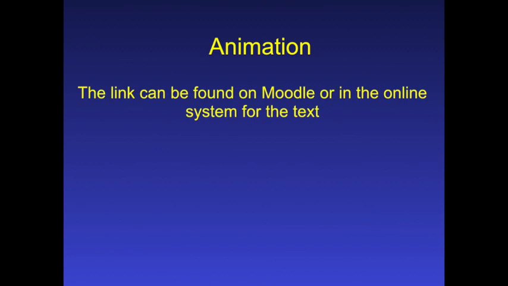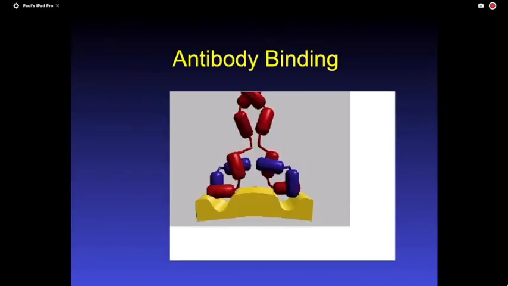Because if I'm holding on and I let go of one, usually I'm still bound to the other. And then it will be dynamic, so it'll rebind, and then this one might go off and rebind. But what happens very rarely is that both of them let go at the same time for that duration. Even if both of them let go, if it doesn't drift too far, it can bind right back. But this binding is very tight because of the two binding pockets in the same molecule.